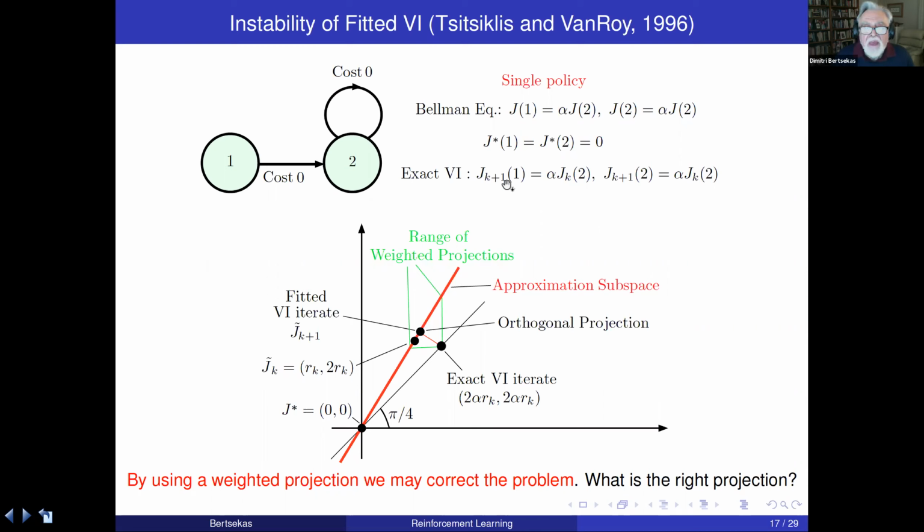And the iterates of value iteration diverge, and the errors to J star, of course, accumulate over time. And the assumption that I made in the previous slide is also violated. Okay, are there any questions about this and how the algorithm fails?